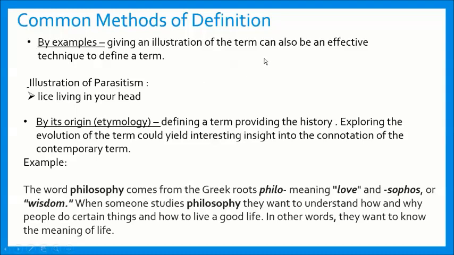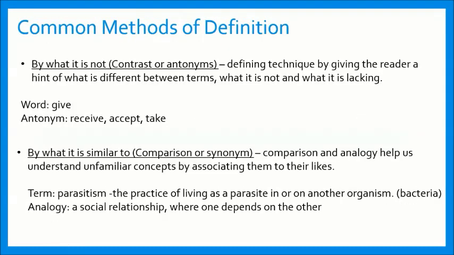So giving an illustration of the term can also be an effective technique to define a term. This one is not on giving an analogy, but the actual example of the term. So going back with parasitism, I used the analogy social relationship as the like of what parasitism is.